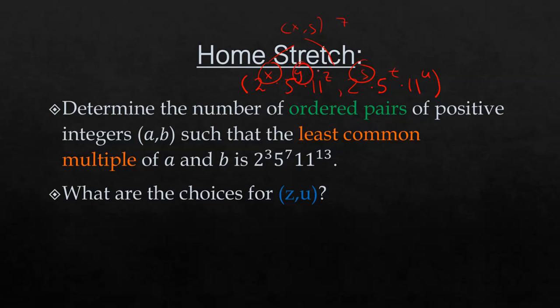For y and t, we're going to have 15 choices. And then for z and u, we're going to have 27 choices.